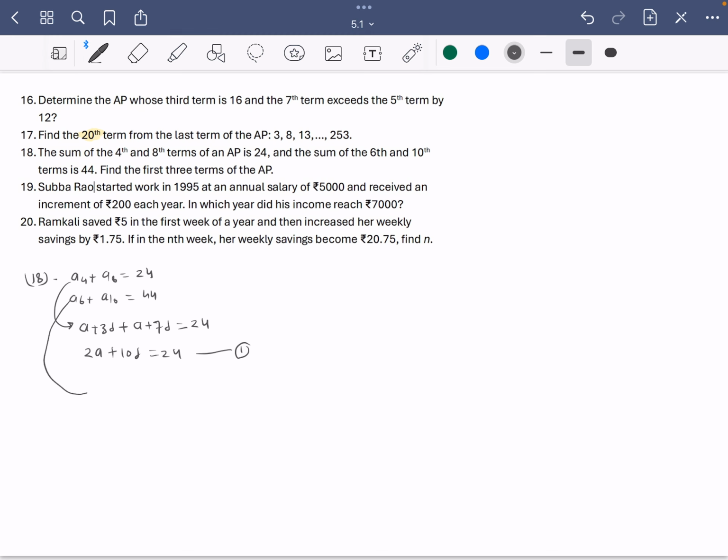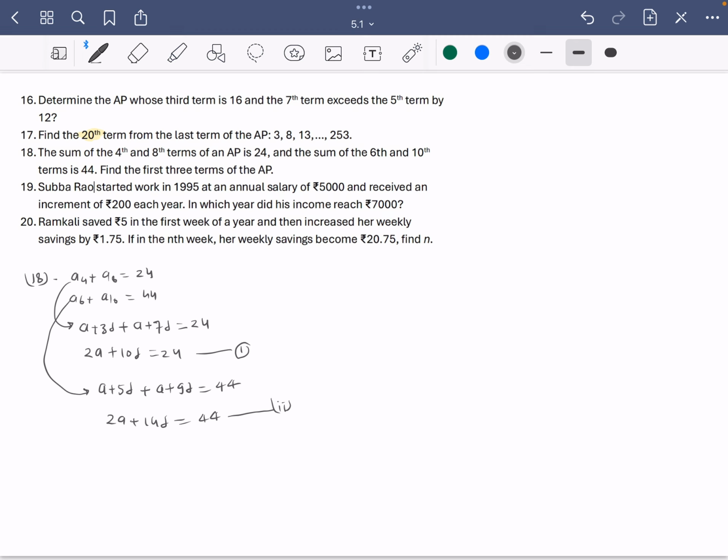Then look at the second one. A6 is going to be A plus 5D, plus A10 is A plus 9D, equals 44. A plus A is 2 times A plus 14D is 44. Second equation.